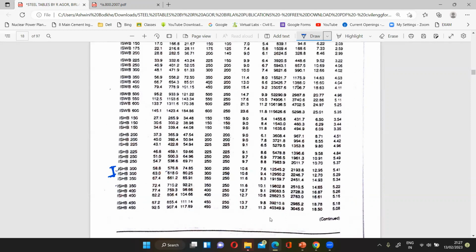ISHB 630 means this one is second, 630. Okay. Let's highlight this ISHB 300 row.